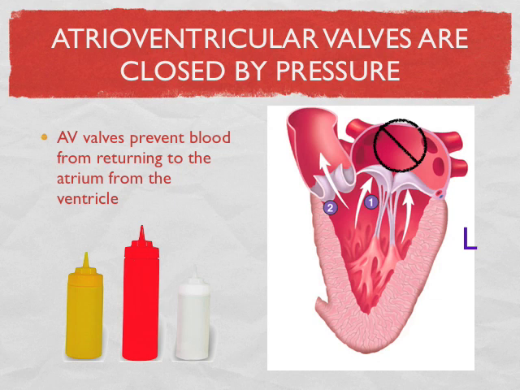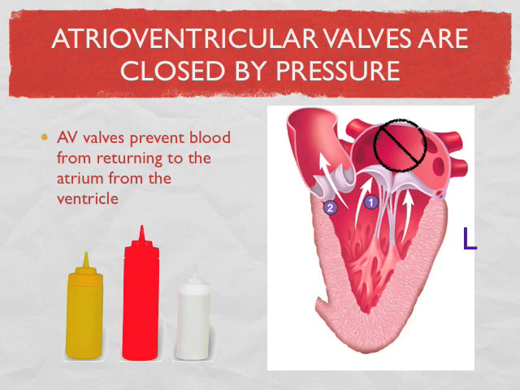The farther and farther, the fuller and fuller it gets. Pretty soon it reaches right over, and the two parachutes or three parachutes touch each other. And the bigger they get, the more blood gets up under them, the bigger they get, the tighter they press, and they completely close this opening. Blood cannot flow back to the atrium from where it came in the first place.